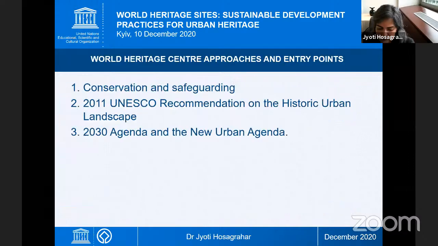I want to talk a little bit now, more generally, about some of the ways in which we could look at how we approach sustainable development. I think we have three key entry points. One is through conservation and safeguarding of the World Heritage properties themselves, which is directly addressing the SDG target 11.4, which is really on the conservation and preservation of cultural and natural heritage.